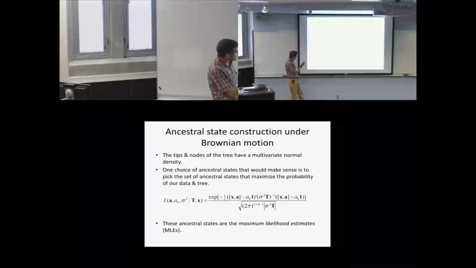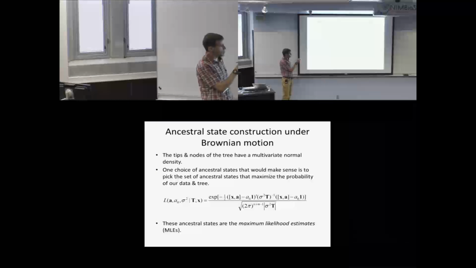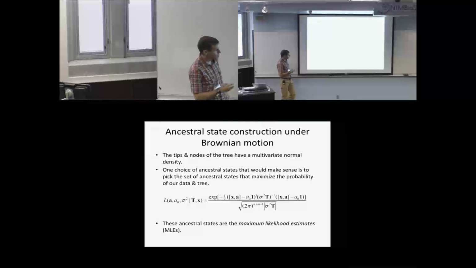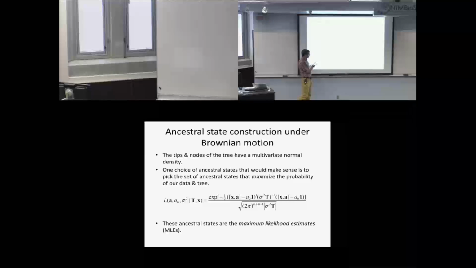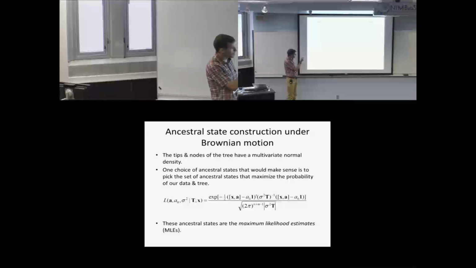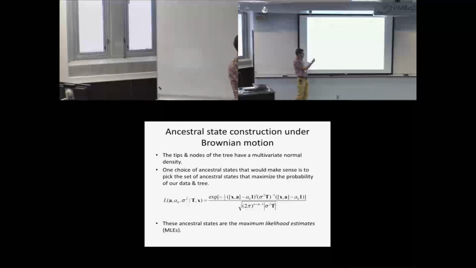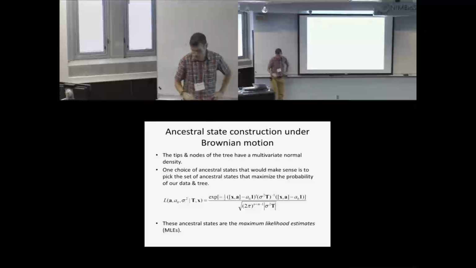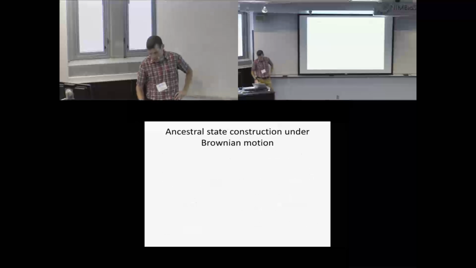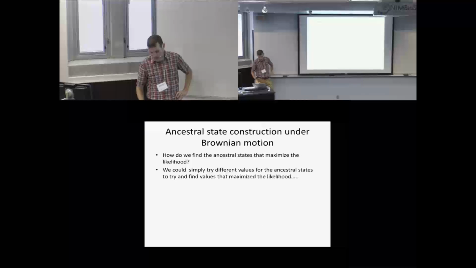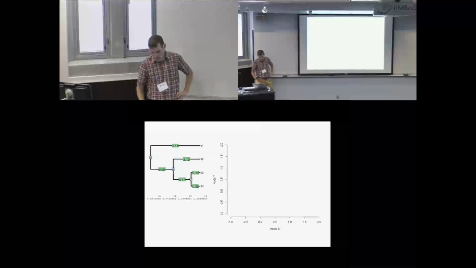And we're interested in the quantities that are the states at the internal nodes of the tree plus the state at the root node, and then we also have this quantity, which is the parameter of the Brownian motion process. And this is the expression that we have. So we want to pick the values for these parameters in our model that maximize the value of this expression.